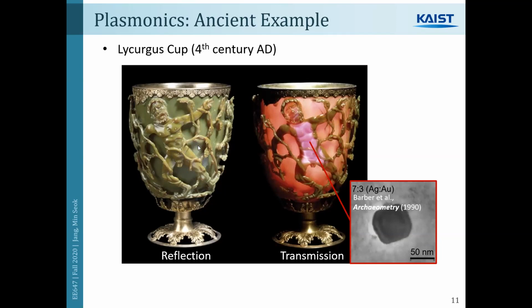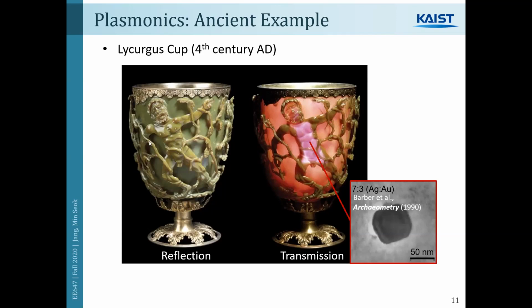What's special about this cup is that if you shine the light from the front and look at the reflected light, the cup looks green. And now if you see the transmitted light, so shine the light from the backside, it looks red. So this is why it became an ancient Roman artifact.